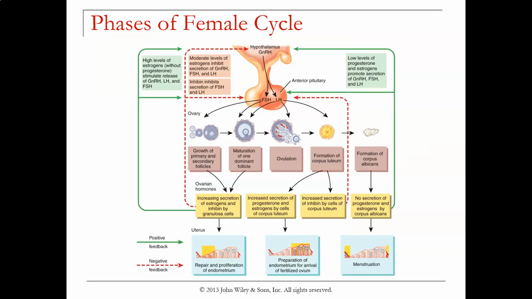And then this is my last slide. This is similar to the previous slide I was showing you, where they show you what's going on in the ovary and also what's going on in the uterus at the same time. So it's just a slightly different presentation of that information.